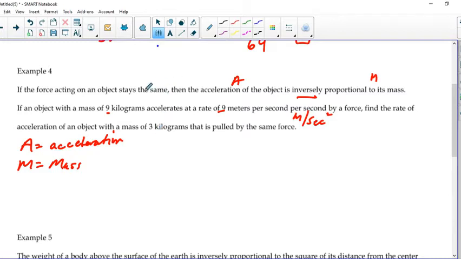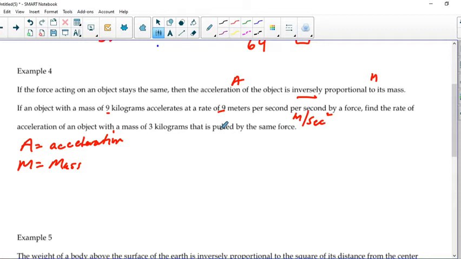The same force is part of the problem because science says it has to be, but it's not going to figure into our equation. So don't get caught up with that.